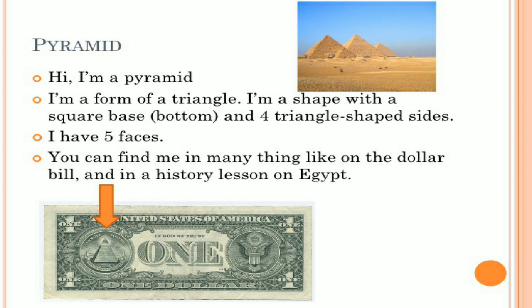So we find the pyramid shape in many various things all around us, and a pyramid has five faces: a square base bottom and triangle shaped sides.